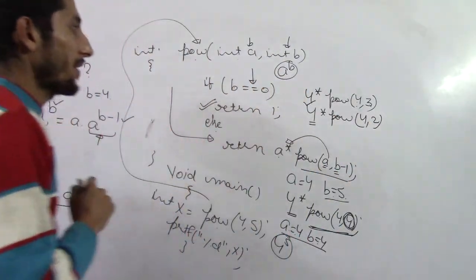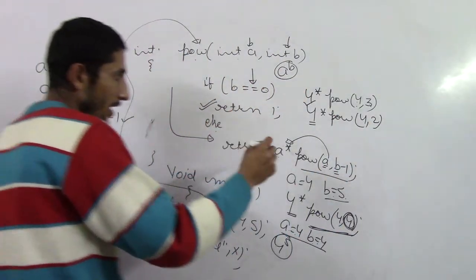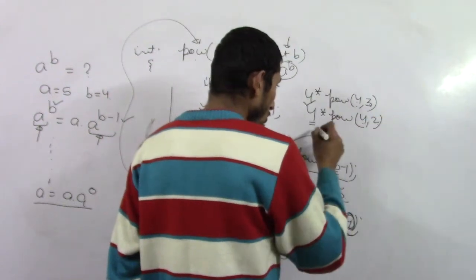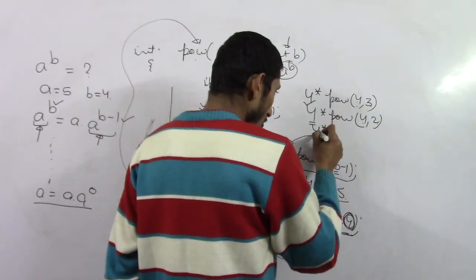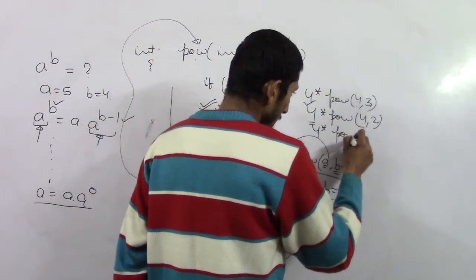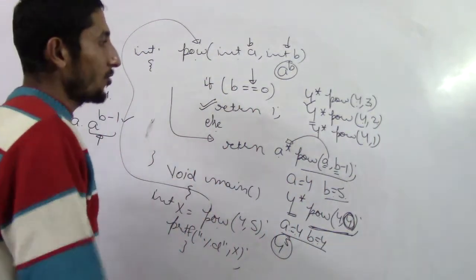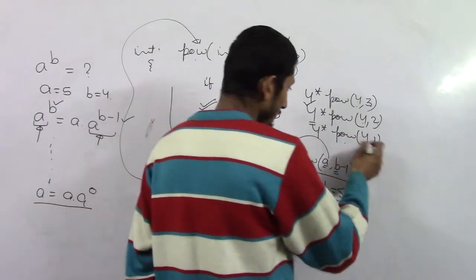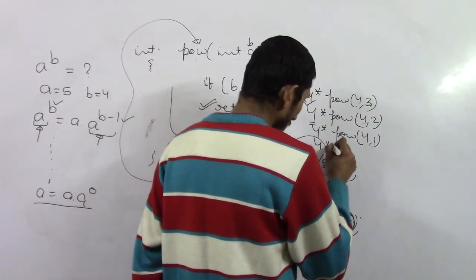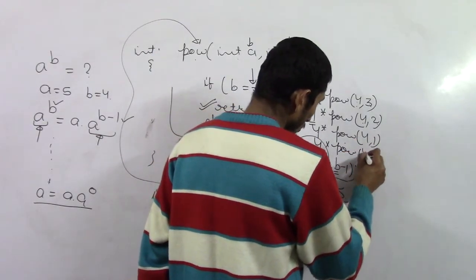If you can't calculate 4 to the power 2, multiply by 4 and calculate 4 to the power 1. In the last one, if you don't want to calculate 4 to the power 1, you can multiply by 4 to the power 0.